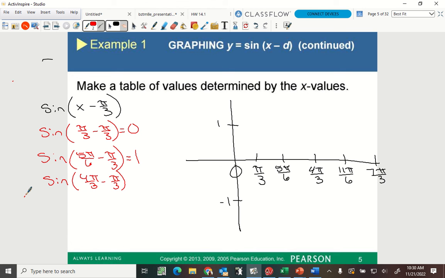You have how many pi's? 3 pi over 3. 3 pi over 3 is going to give you just 1 pi, right? So now, go to your unit circle and put your finger on pi. All the way to the left. Okay, so pi, what is the y value at pi? 0.